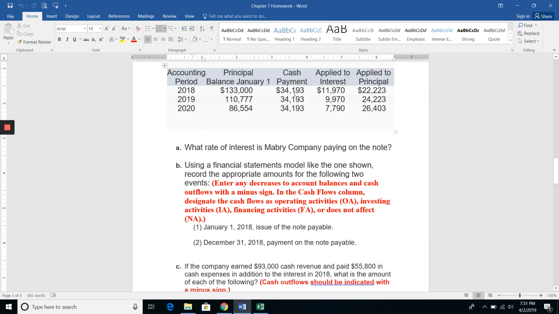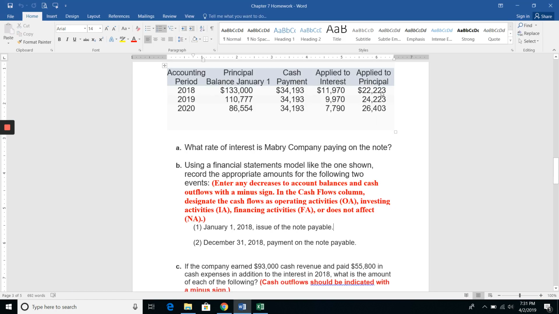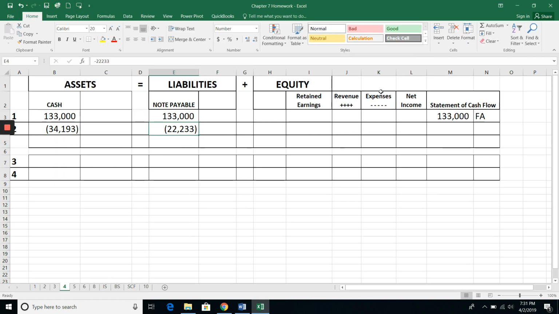How much of that was principal? 22,223. The amount of principal payment is going to reduce the money that we still owe on that note payable.